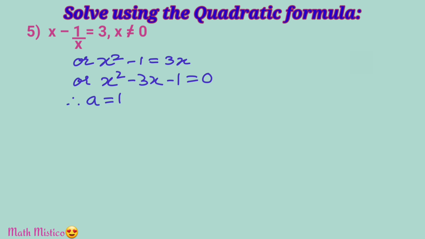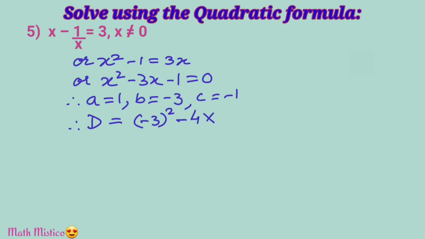So a is equal to 1, b is equal to minus 3 and c is equal to minus 1. The value of discriminant will be minus 3 square minus 4 into 1 into minus 1, which is equal to 9 plus 4 equal to 13, greater than 0.